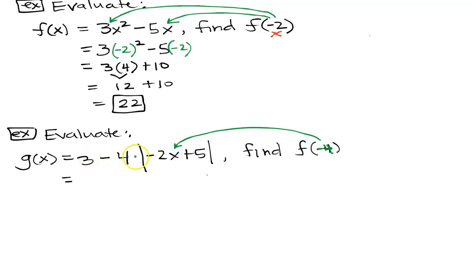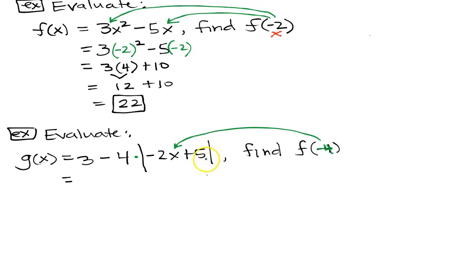And you can't do that yet, because remember, this is connected by multiplication. So I really have -4 times this whole absolute value thing. And I've got to do multiplication before I can do adding or subtracting. But I can't distribute that -4 through the absolute value.